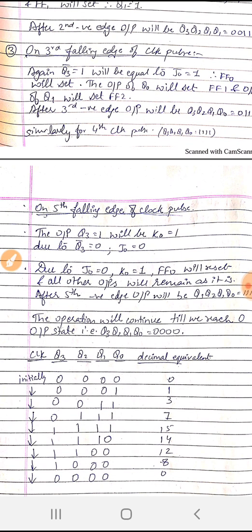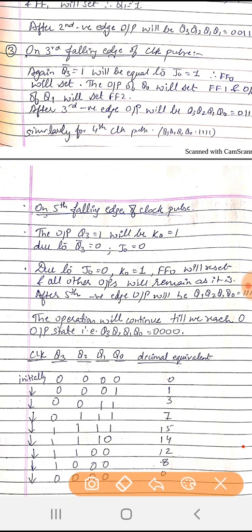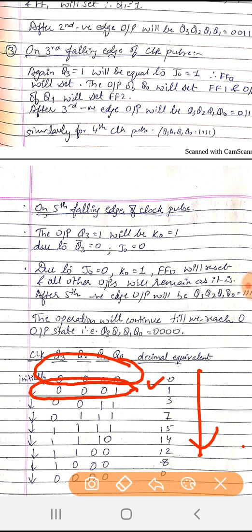The Johnson or twisted ring counter will count. So here we can see it will count like this, 0 to 1, because initially all of the flip-flops were containing 0. On the first negative edge it becomes 0 0 0 1, that is 1. On the second edge it becomes 3, because two flip-flops will get ones. On the third negative edge, three flip-flops will get 1, and it becomes 7.